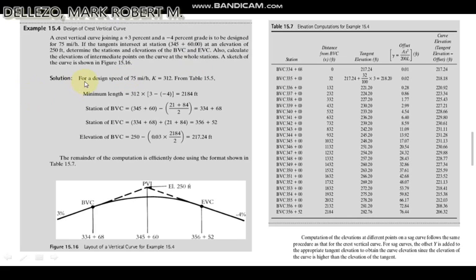So the solution is, for the design speed of 75 miles per hour, K equals 312 from table 15.5.